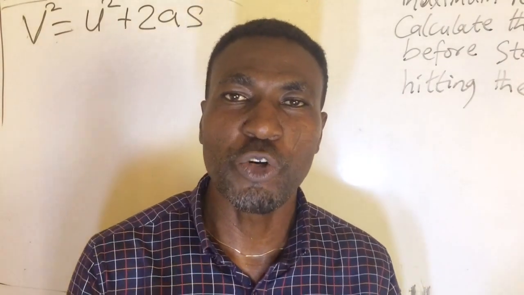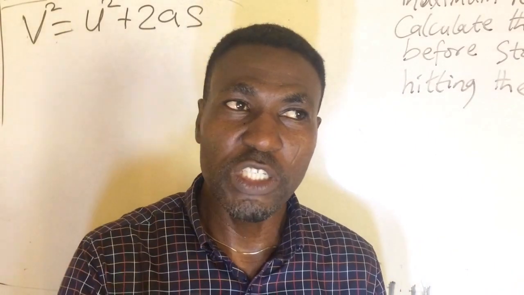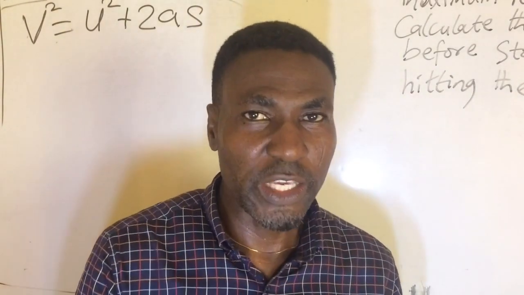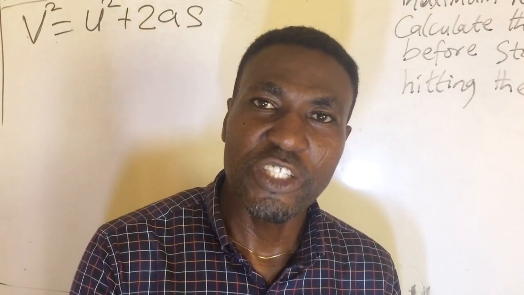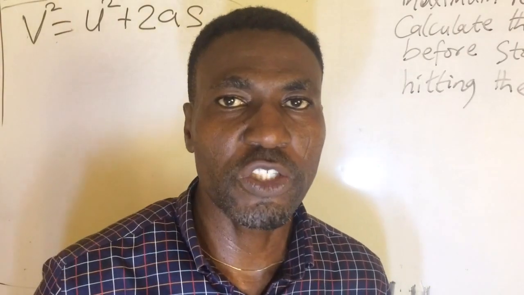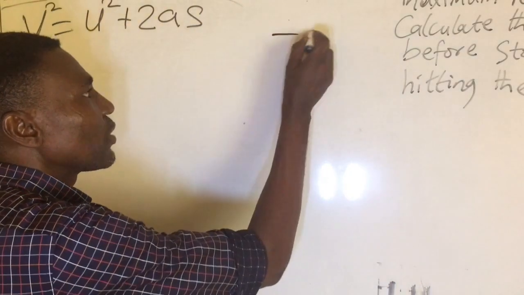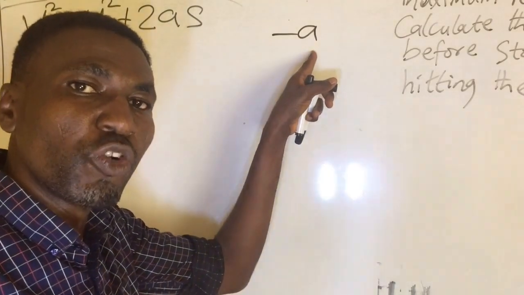Since it's acceleration in opposite, we will use the minus sign, which is minus a. That minus sign shows that acceleration is opposite. That's what we call the retardation. So we will now use minus a as our acceleration in opposite.